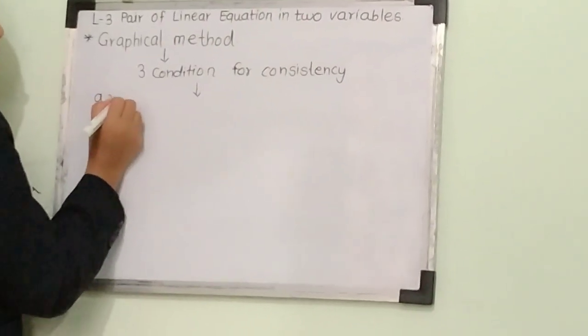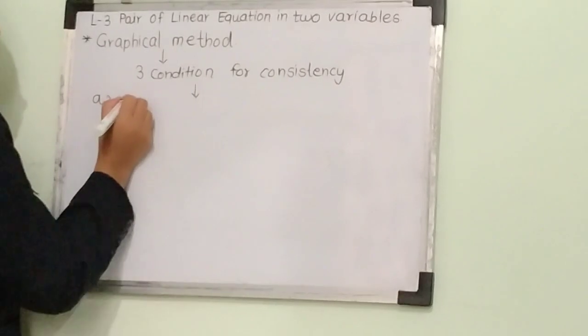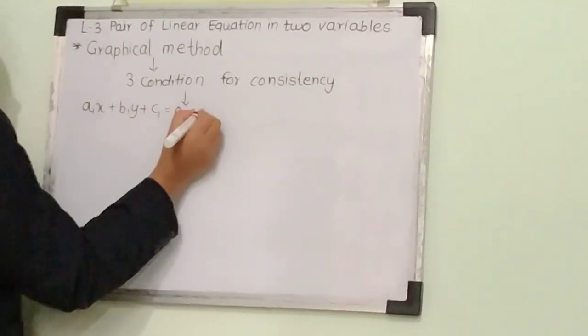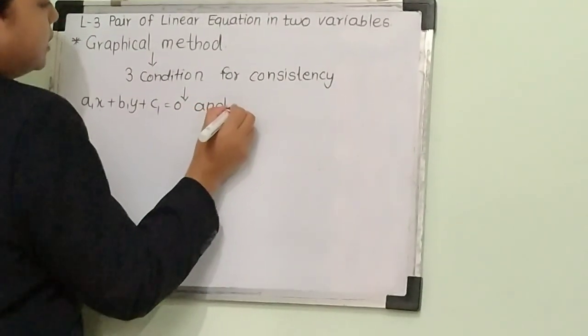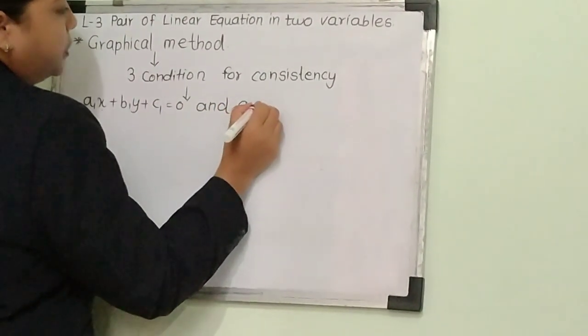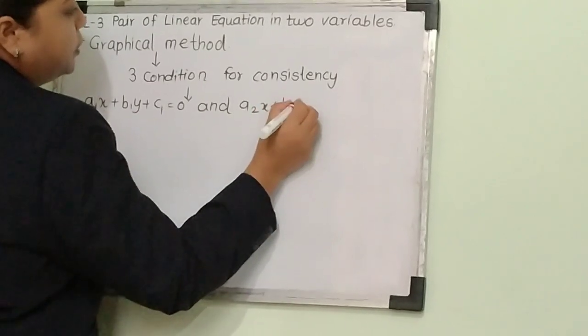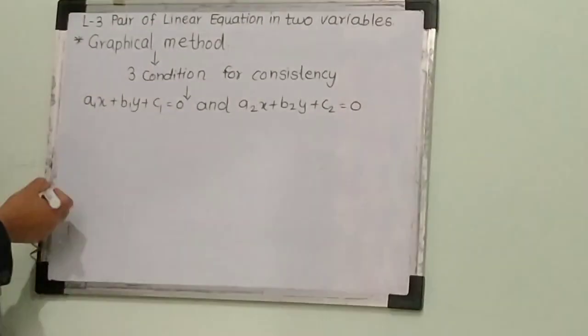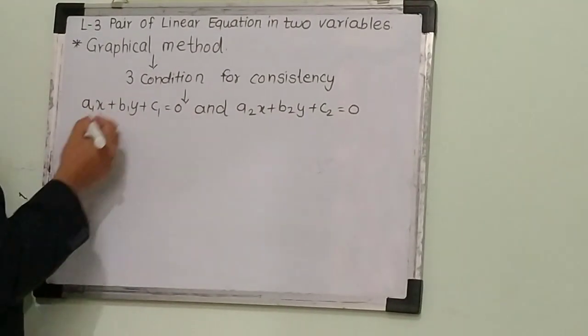First I am going to consider a1x plus b1y plus c1 equals to 0, and I am considering the second equation as a2x plus b2y plus c2 equals to 0. So these are the general two equations.